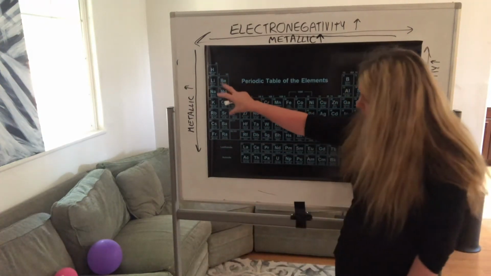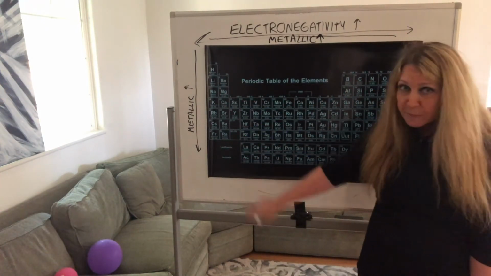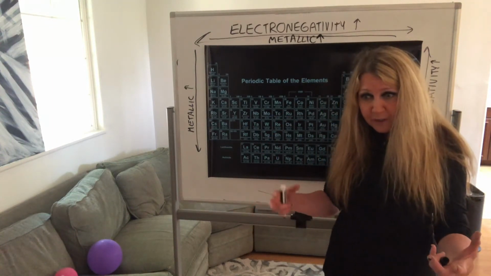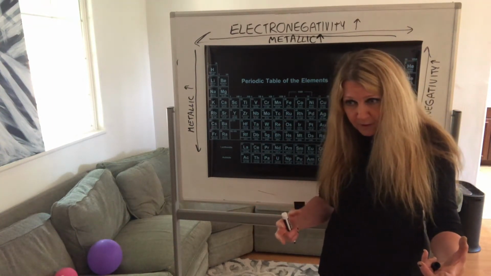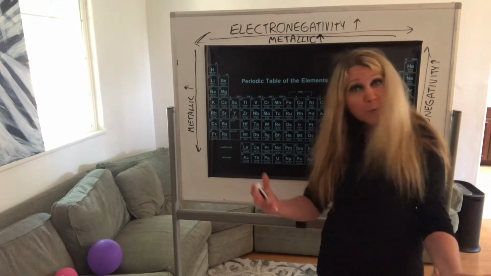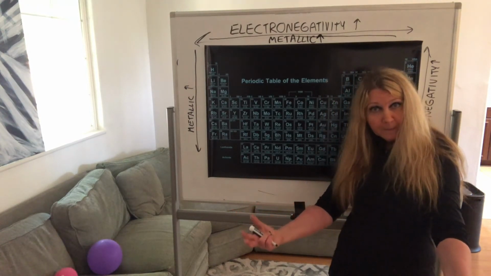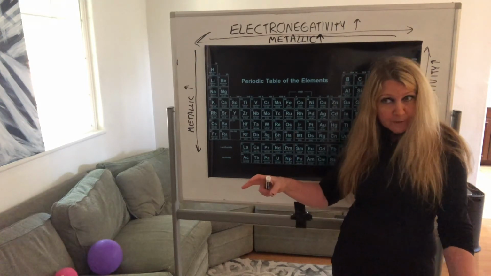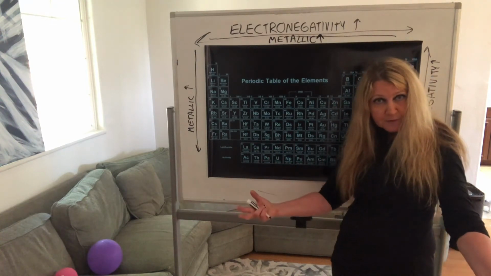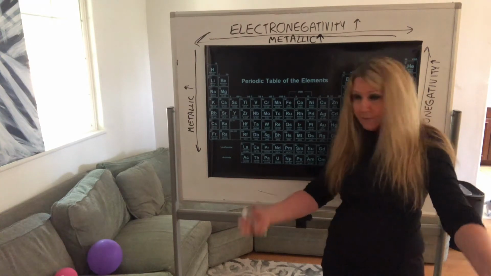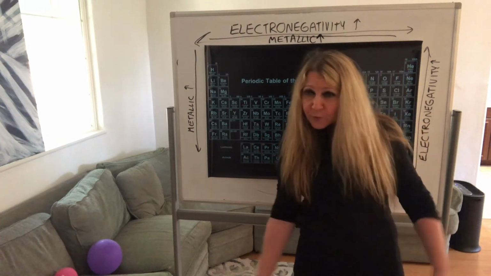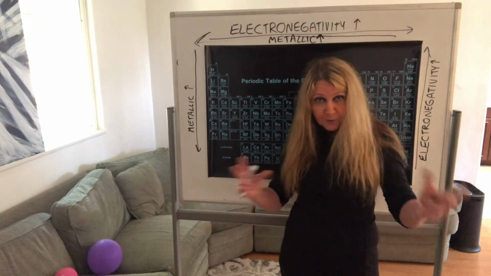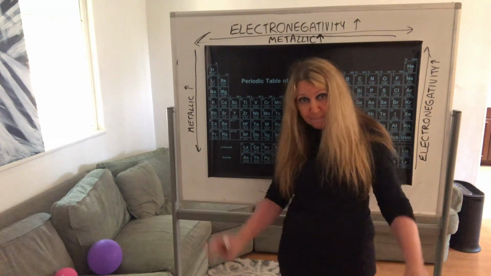Another thing, as you go down through the periods, remember, you're increasing energy levels. So when you're doing that, think about it. If you're increasing energy levels, they have more electrons. If they have more energy levels, they're going to have more electrons, because that's where the electrons are, the energy levels. So if they have more electrons, then they're going to also have more protons, because protons and electrons are equal in a neutral atom.